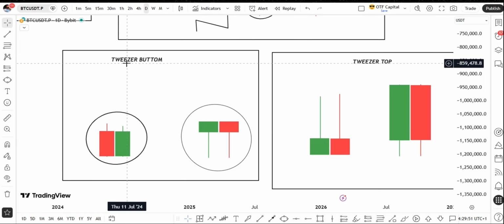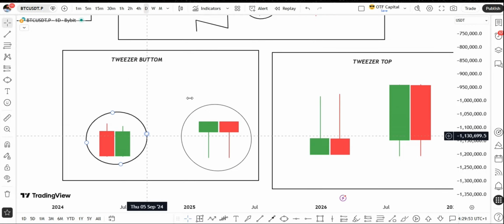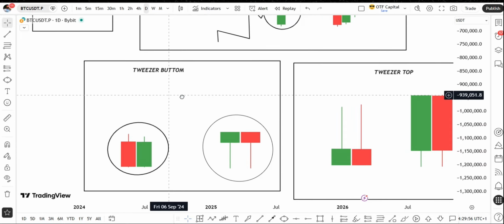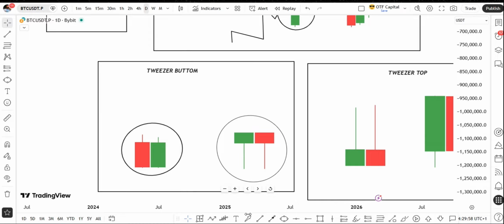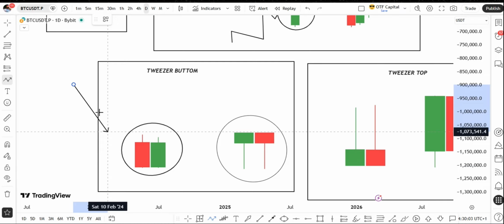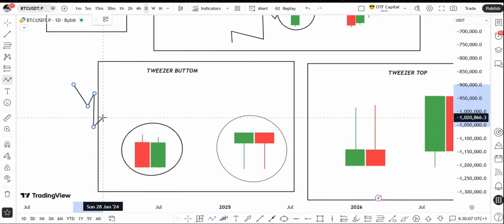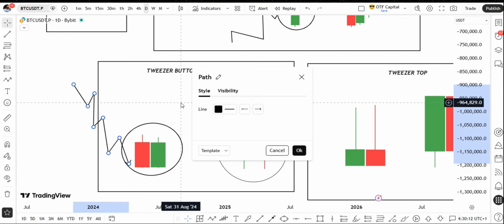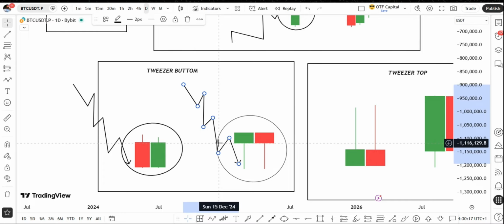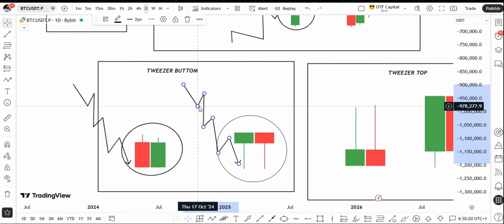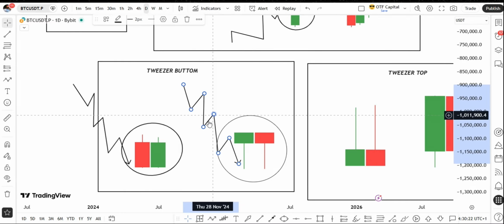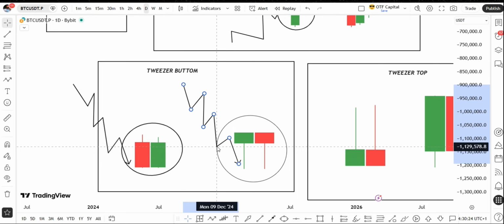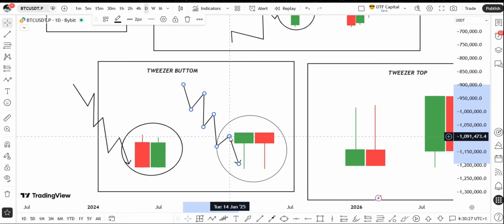This is a tweezer bottom, and you can always find the tweezer bottom towards the end of a downtrend. Both of these types of tweezer bottom, you can always find them towards the end of a downtrend.